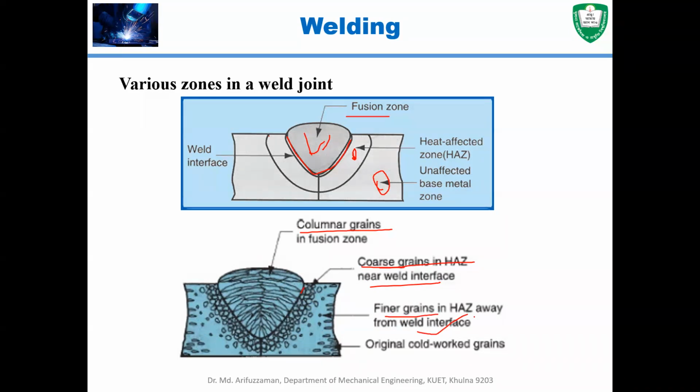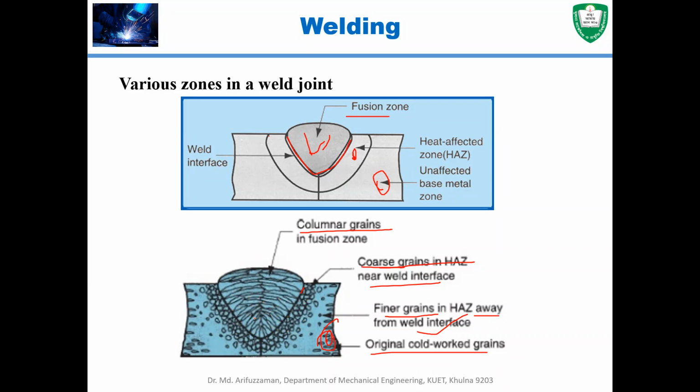That means finer grains will be seen in the heat affected zone, and this will be the original cold work grains. That means in the base metal, the original structure of the material will remain in these locations. That's how, because of the welding, the material structure changes. One thing I need to mention here is that the welded joint is much stronger compared to the base metal.